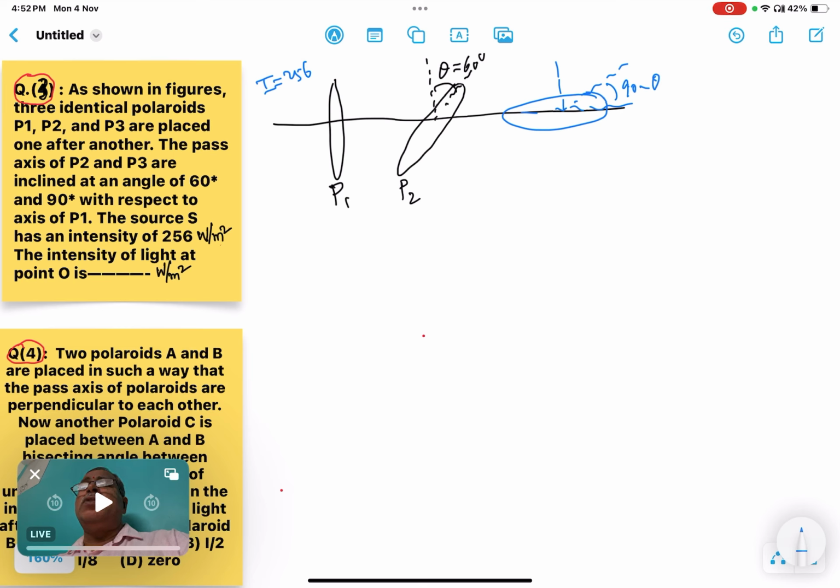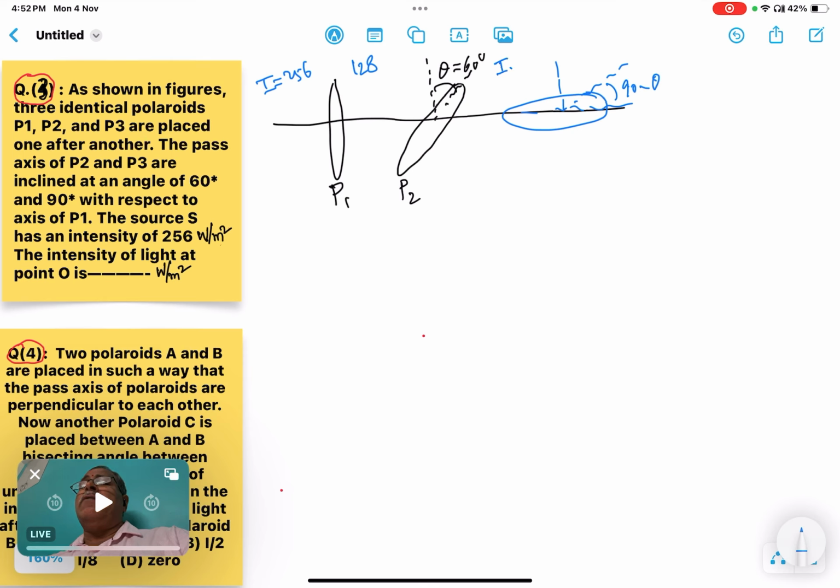Now after passing through the first Polaroid sheet, it becomes half of that, which means 128. The intensity reduces to half. So this 128 watt per meter square is passing through the second Polaroid sheet. Then it becomes I1.